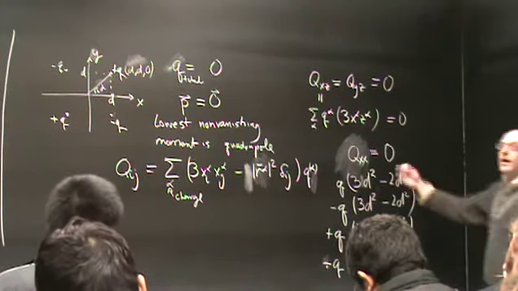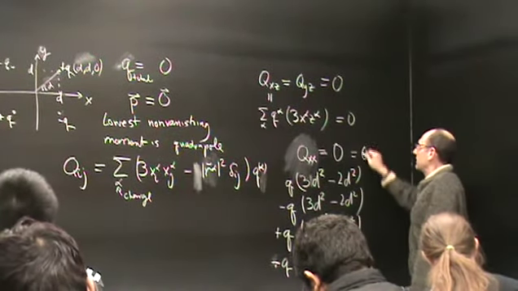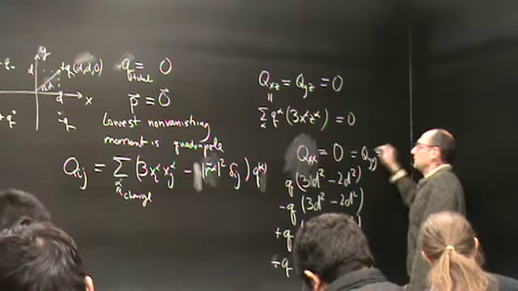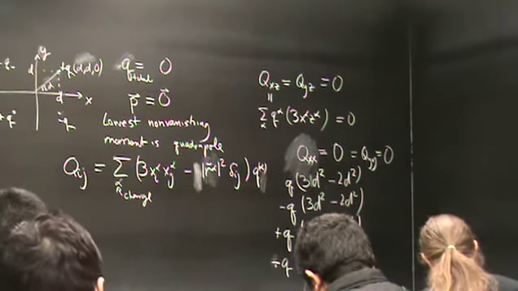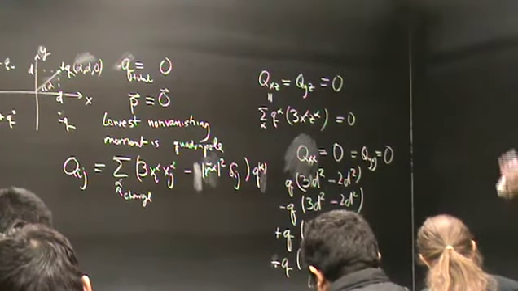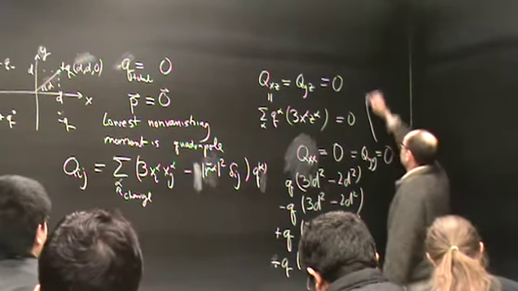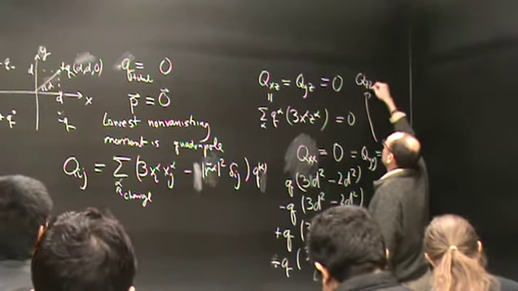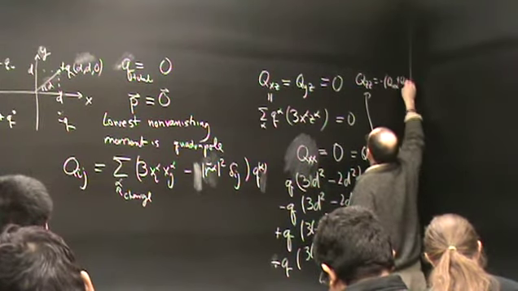Similarly, the y component is exactly the same. We did the same thing. Qyy is 0. So what's qzz? 0. It has to be because qxx plus qyy plus qzz is 0, and qzz is equal to minus the sum of qxx and qyy.